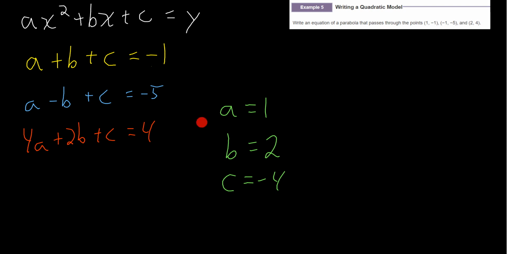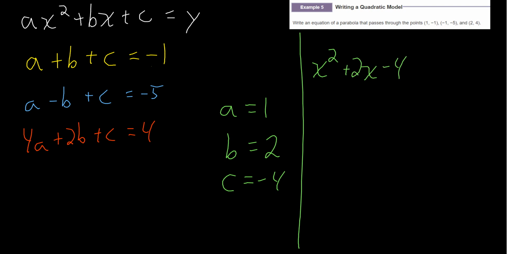The equation of the parabola will be x squared plus 2x minus 4.